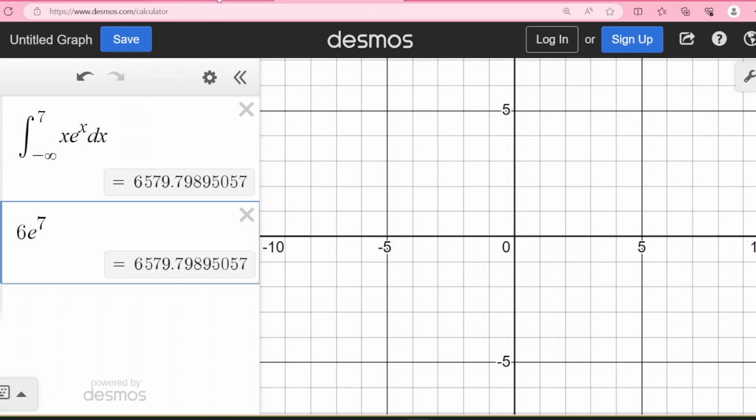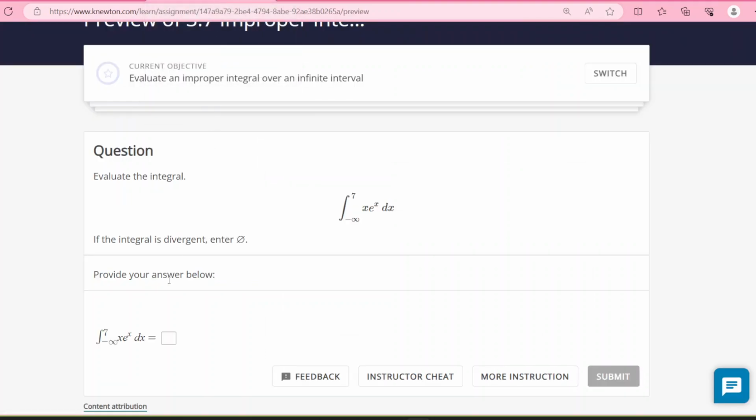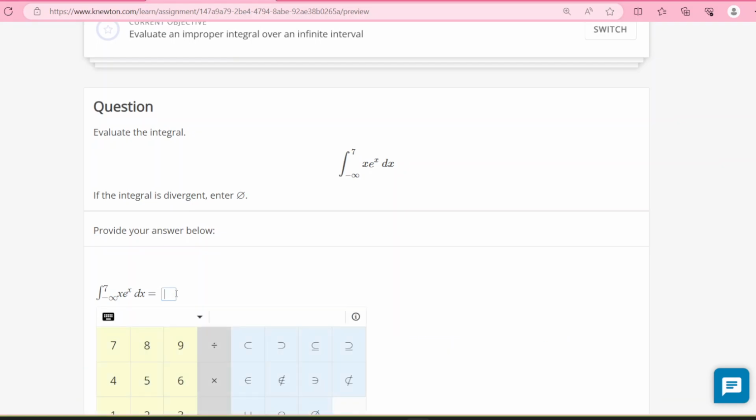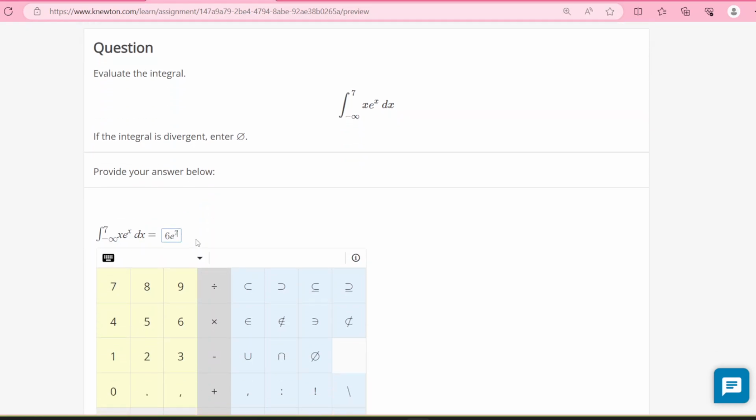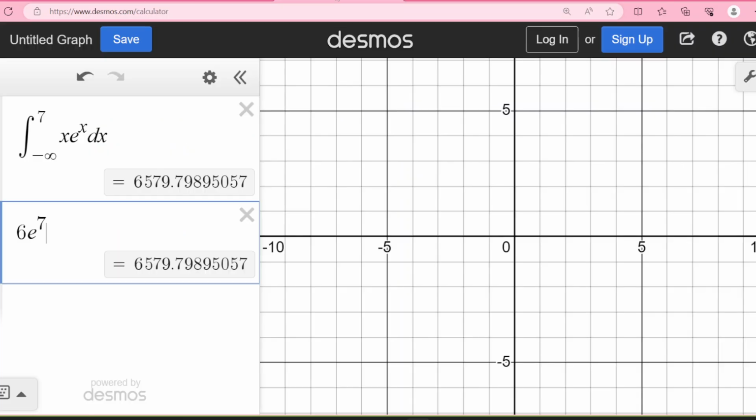So that is what I shall enter back in the assignment. So we have 6, e to the 7th power. And notice it doesn't ask you for a rounded answer. It doesn't ask you to give an approximation. So yes, this calculator is great to tell you if something converges.